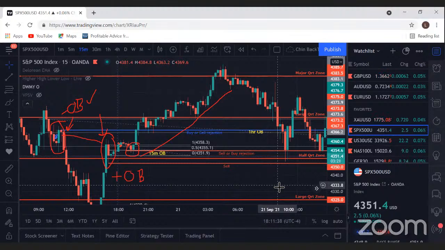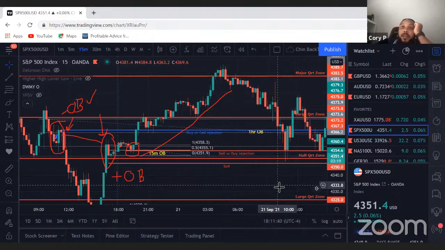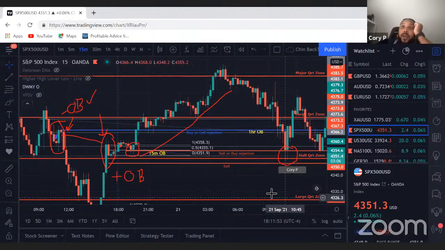Yeah, I mean, you're not really going to look at this one again, the one on the left. The one you want to consider is this one, the bullish one. That's where this little move came from right here too. So you had two of these.